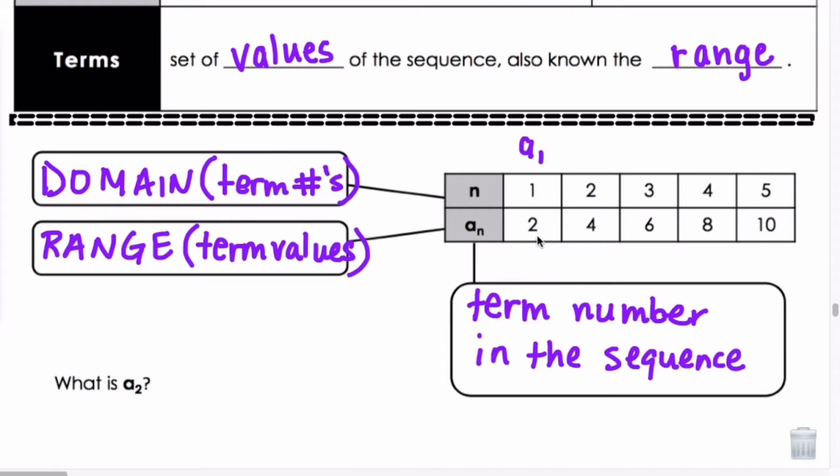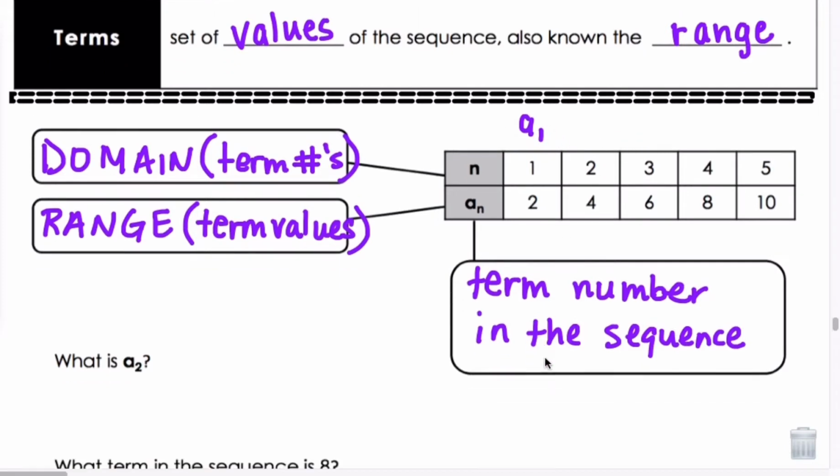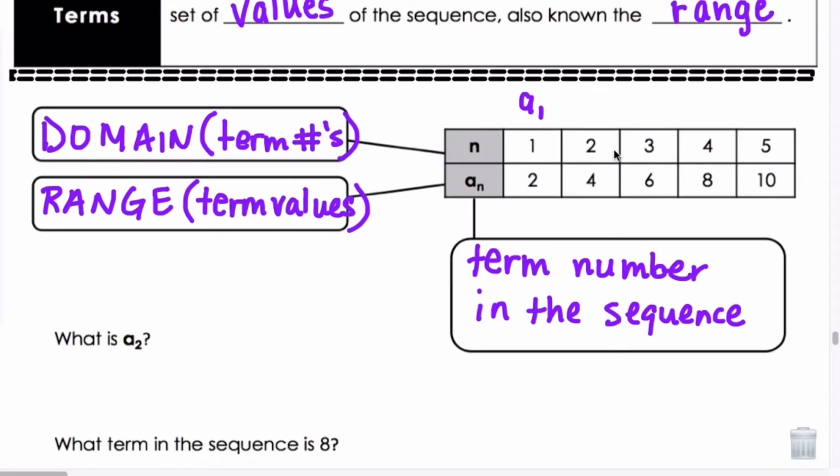This would be 2. So you're using this n to act as the number for what term I'm looking for. For a sub 2, the term number is 2, and my value is 4. So a sub 2 equals 4.